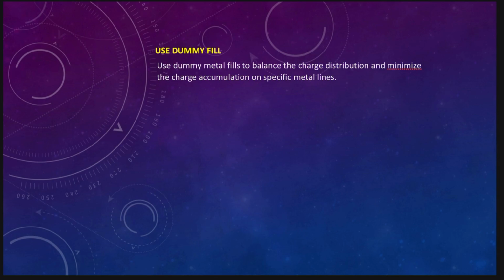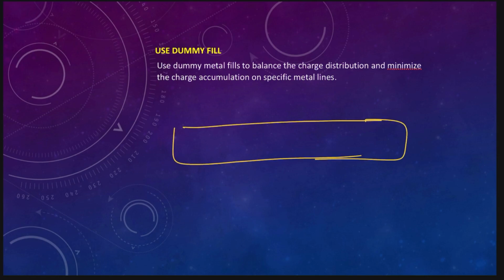So the interviewer asks you: I'm getting an antenna error in via 7. I will draw the cross section. So this is via 7. Obviously if this is via 7, then this will be metal 7, and on top of it metal 8 will also be there.